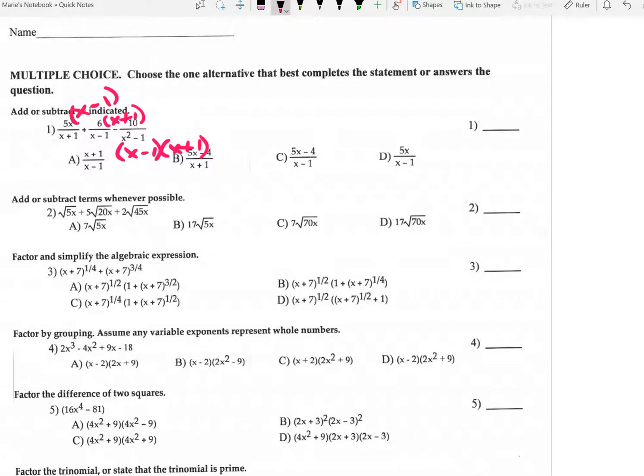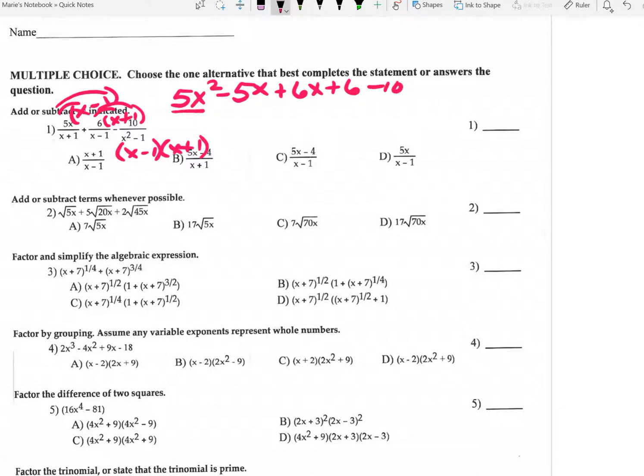So I now have, distributing this 5x and the negative 1, 5x squared in the numerator minus 5x plus 6x plus 6. That's distributing the 6. And I'm left with a minus 10.